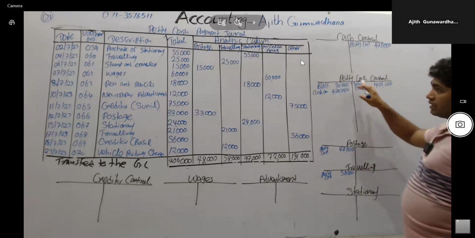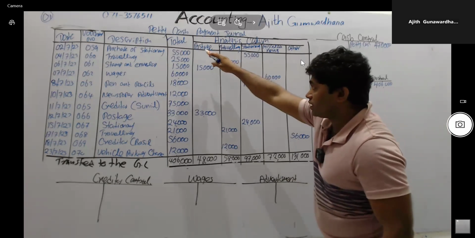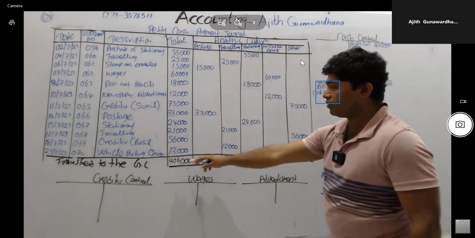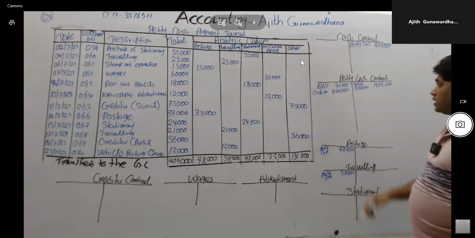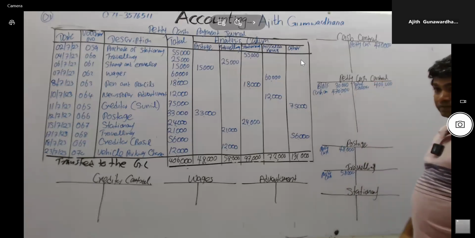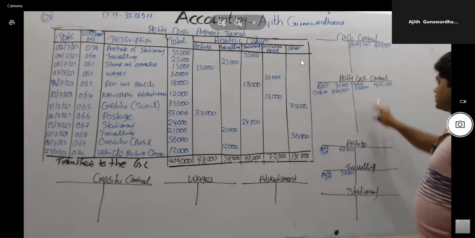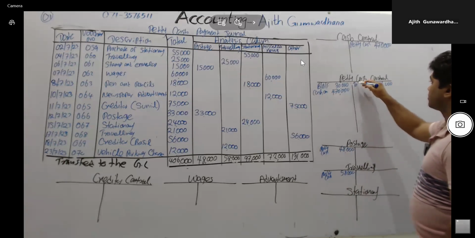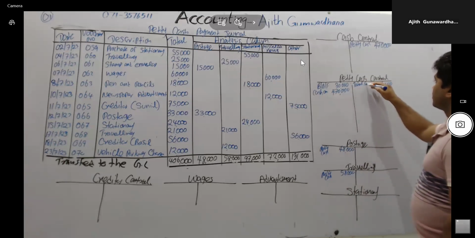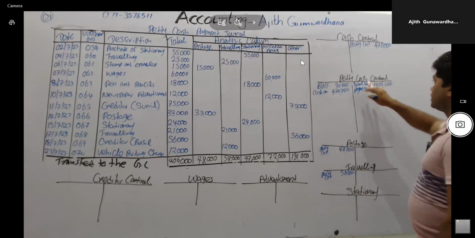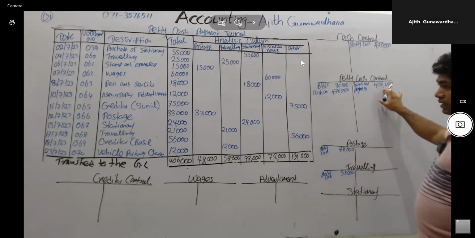After that, petty cash payment journal total column total value, petty cash control account credit as a total cash payments. Total cash payment, petty cash control account credit.